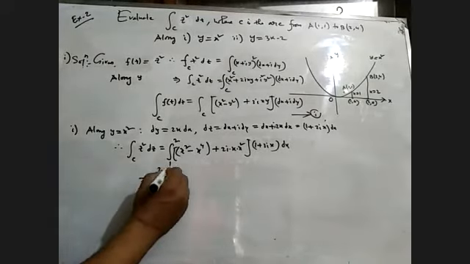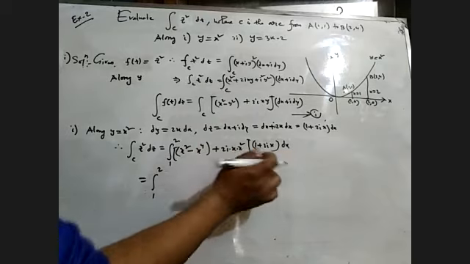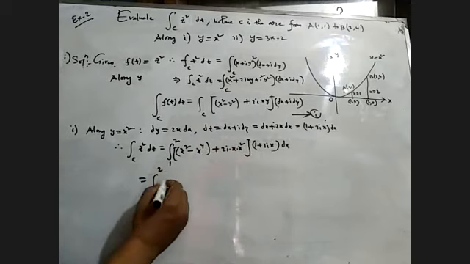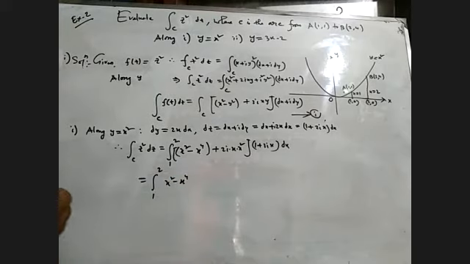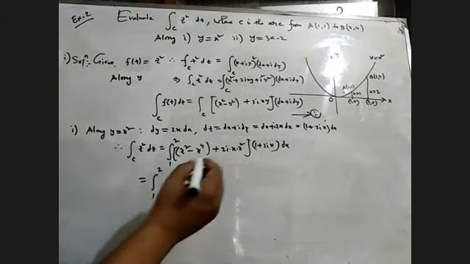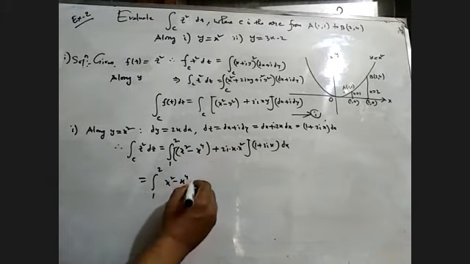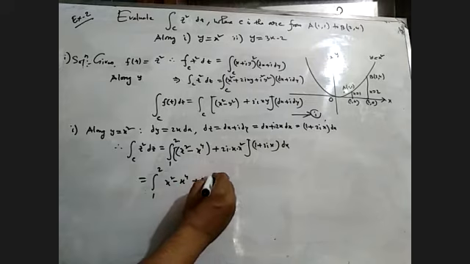Integral limit 1 to 2, multiply this 1 into this, plus twice i x cube.